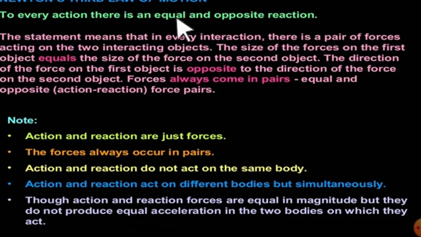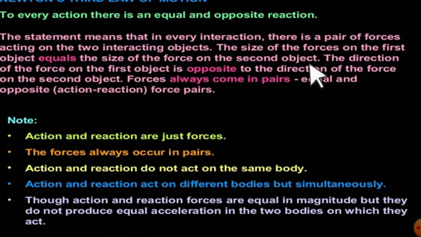So Newton's third law is very simple, and we already know that for every action there is an equal and opposite reaction. The statement means that in every interaction there is a pair of forces acting on two interacting objects. The size of the force on the first object equals the size of the force on the second object.